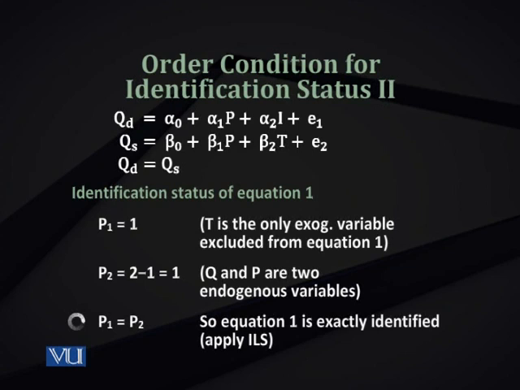And the value of P2 is 2 minus 1, which is the number of endogenous variables minus 1. So you quickly must have noticed that in one single model, whichever equation you are discussing, the value of P2 will not change because you have the same number of endogenous variables, and the number of endogenous variables minus 1 gives you a number which remains the same for each equation. The change occurs in the parameter P1, and you have to be equation specific.